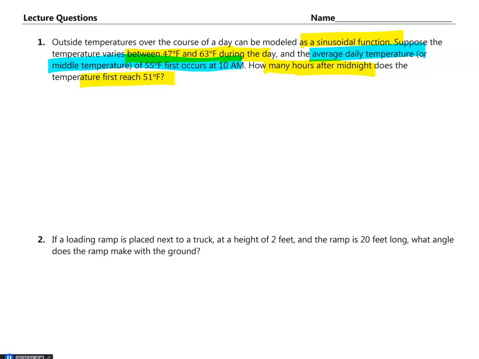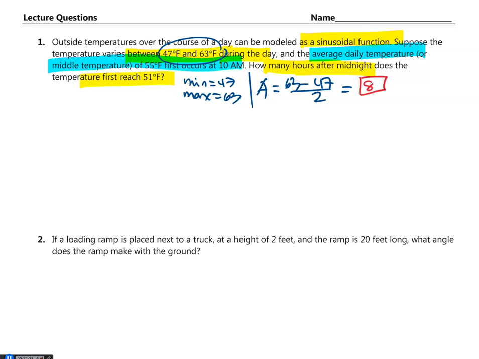So with this, the given here, 47 and 63, so meaning this 47 is the minimum and the maximum is 63. So with that, you'll be able to solve for our A, which is, you know that it is maximum minus the minimum divided by 2, and that is equal to 16 over 2, which is equal to 8.